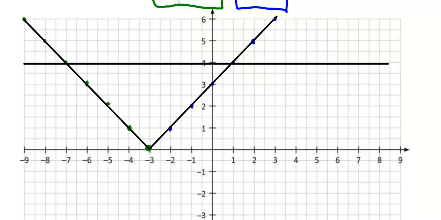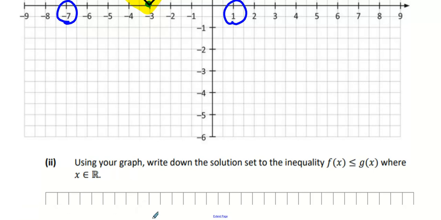Anybody care to tell me? What regions? There, isn't it? So in between -7 and 1. Between -7 and 1. -7 less than or equal to x less than or equal to 1.